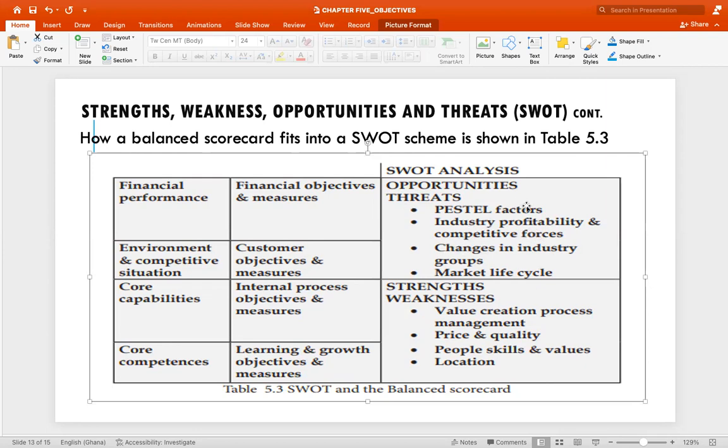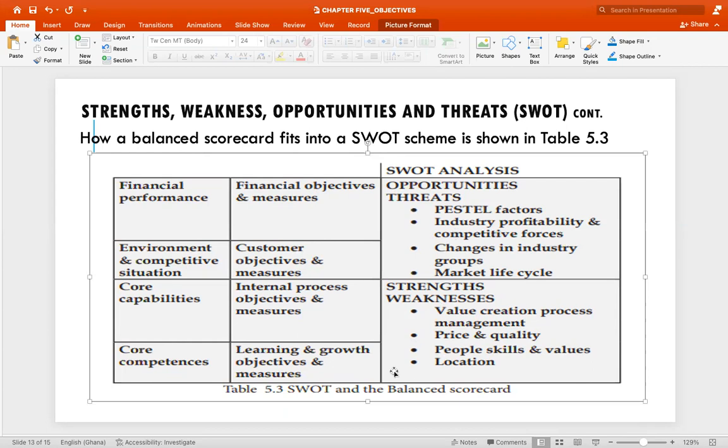So you need to pay attention to your external environment, that is, your opportunities and threats, in order to meet the customer objectives as well as the financial objectives.